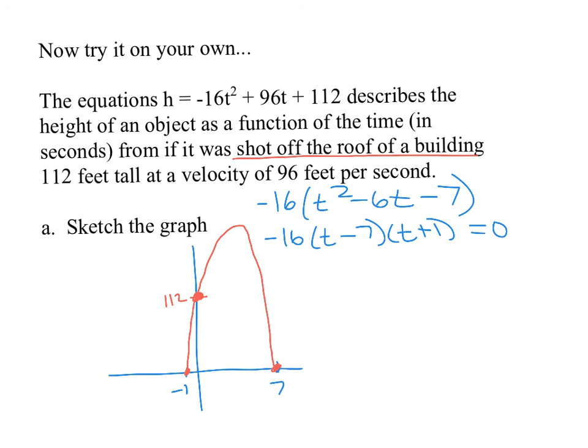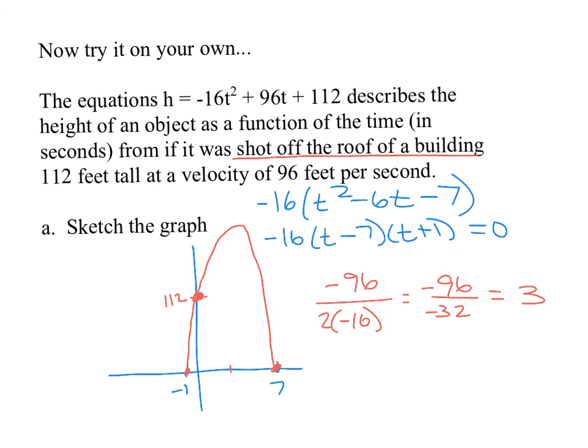All right, so then we're going to do negative b over 2a, or what's halfway between negative 1 and 7. I think it's 4. Oops, my pen turned off. Negative 96, negative b over 2 times negative 16. Negative 96 divided by negative 32. No, it was 3.